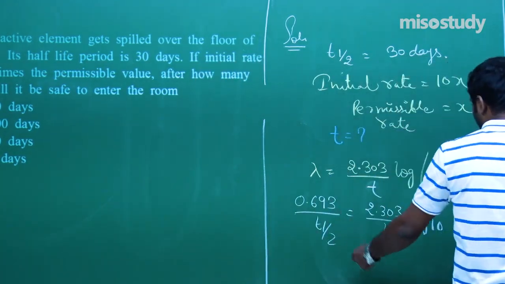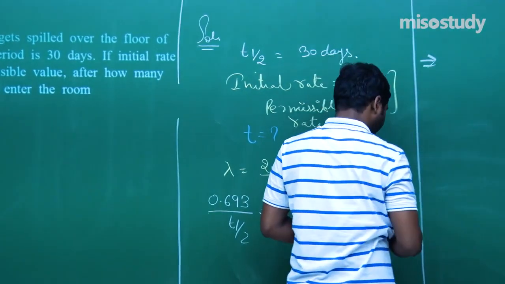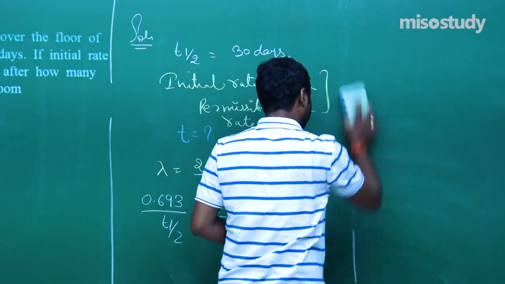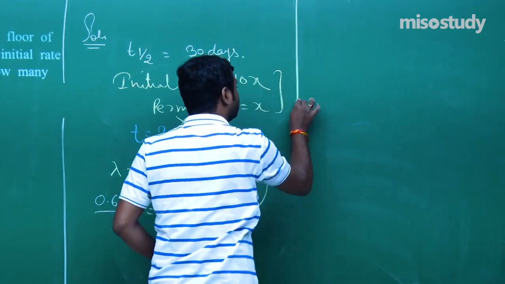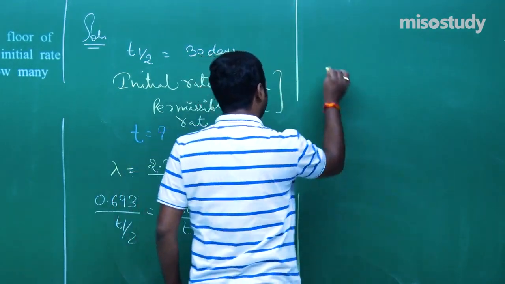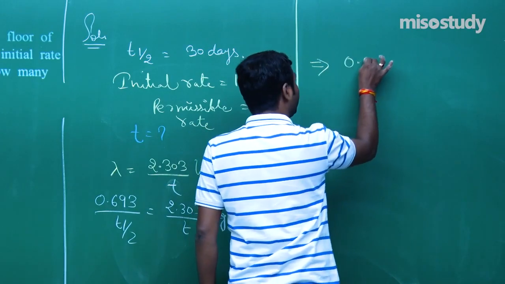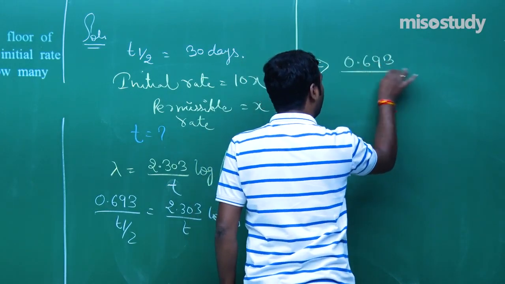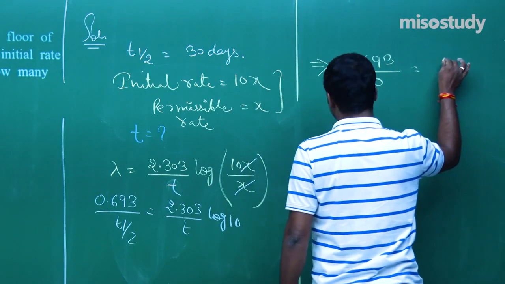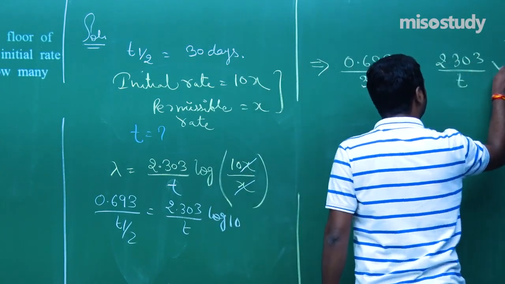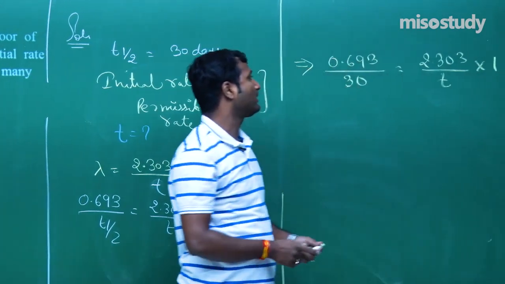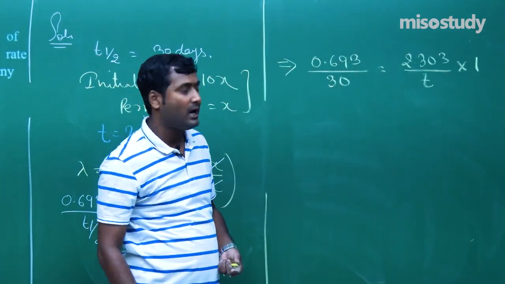Now put all the data, wait for a moment, my friend. That is 0.693 upon 30 is equal to 2.303 upon T, and the value of log 10 is equal to 1.